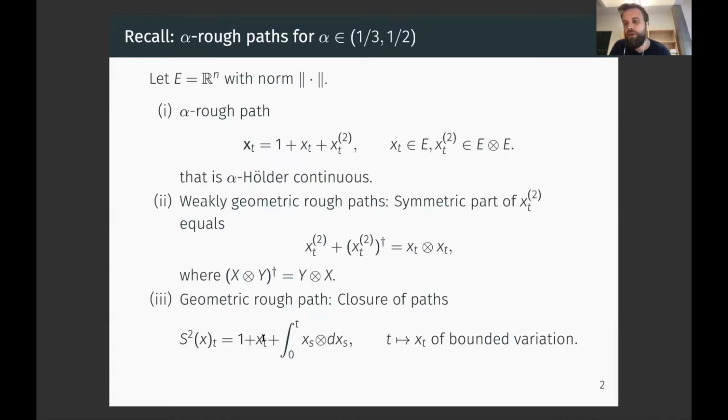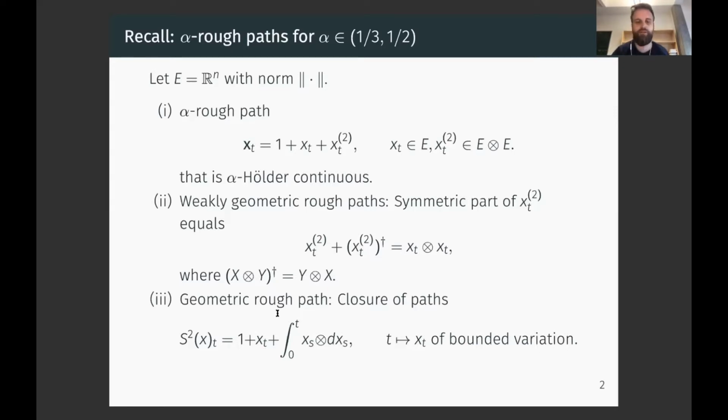Today we're only going to talk about things that are at least weakly geometric. This means that twice the symmetric part of the second order term is equal to the tensor product of the first order term with itself. And then we finally have geometric rough paths, which are closures of signatures of paths of finite variation in this alpha Hilbert metric.